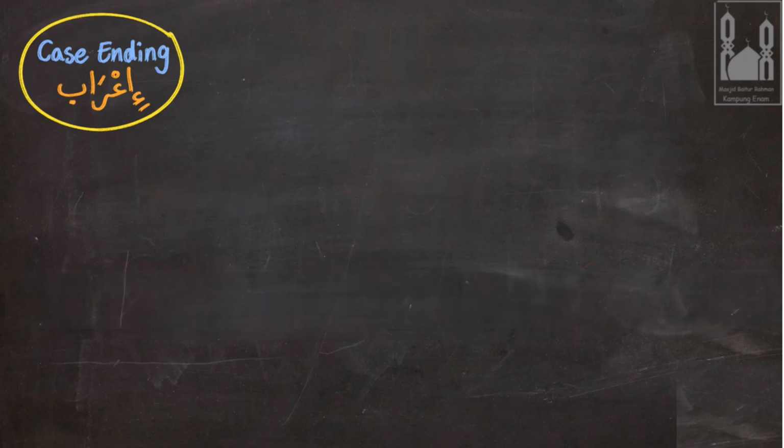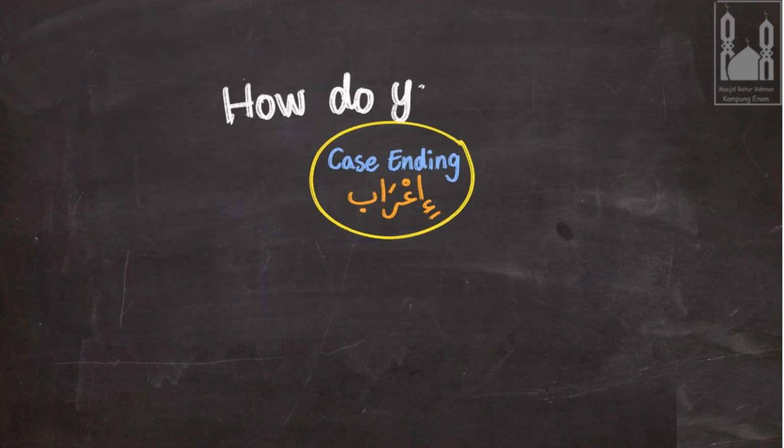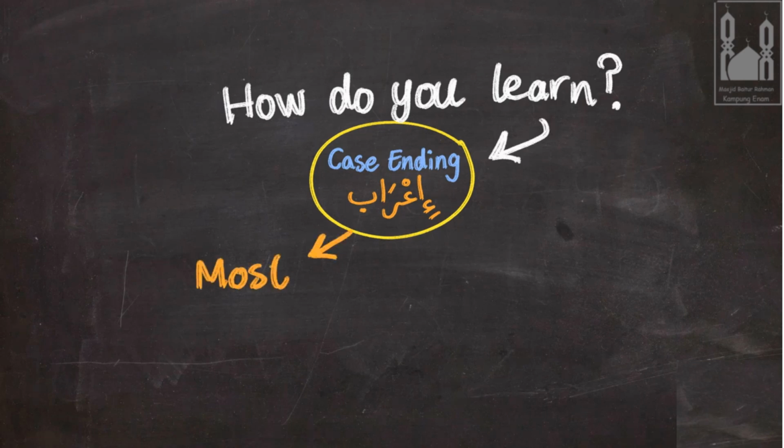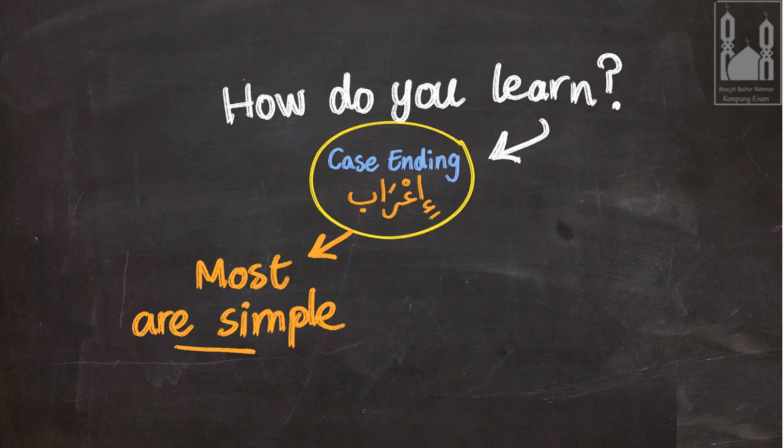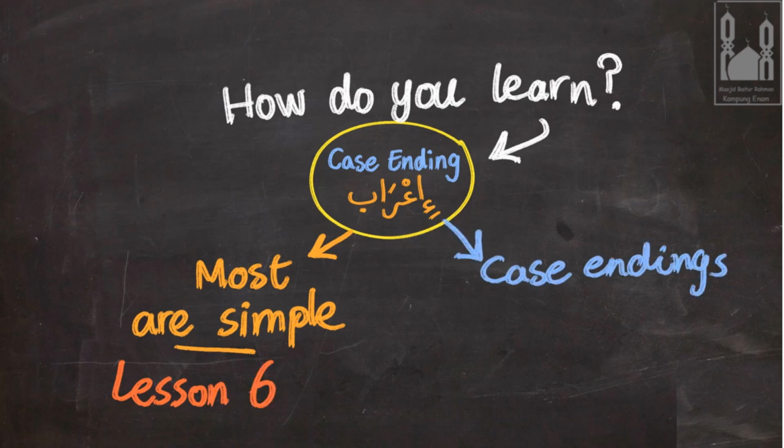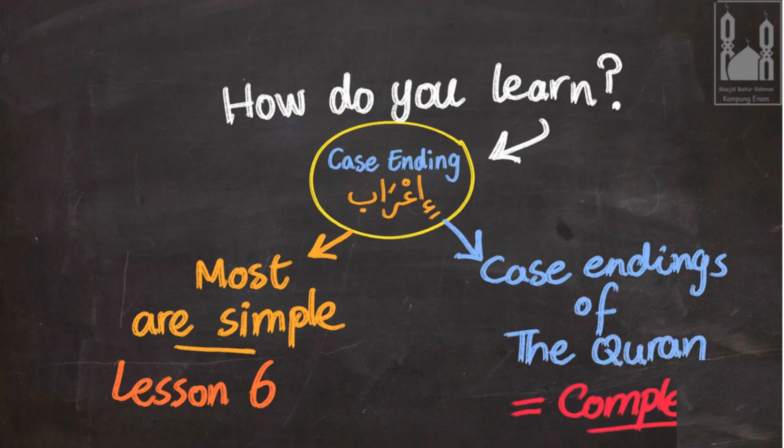Next and most important, how do we learn the case endings or the i'rab of the words in the Quran? There are, of course, a good number of rules that are simple enough to understand and apply in your analysis. And we'll start going deeper into them starting from lesson 6 when we start discussing the Quranic verbs. However, the i'rab of the Quran in its entirety is a highly complex endeavor which will be outside the scope of this series.